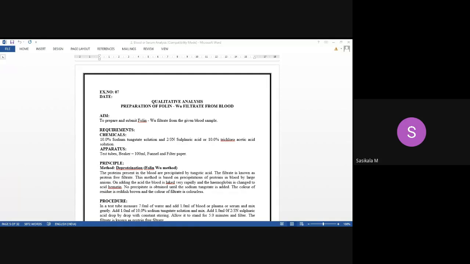What are the reagents for preparing a protein-free filtrate? Can anyone answer?